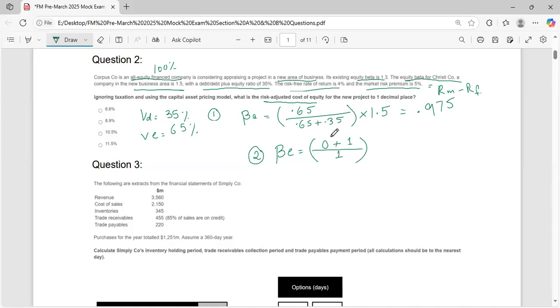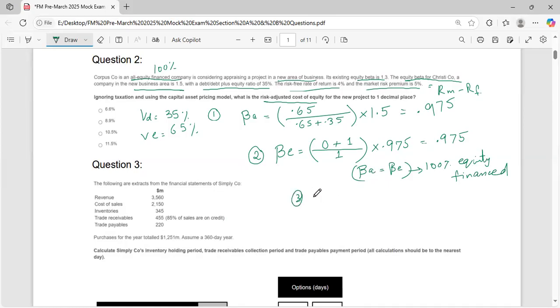Remember, proportion of debt into 1 minus tax plus proportion of equity, divided by proportion of equity, and multiplied by beta asset which we determined. So here we have 1 divided by 1. So the answer will be 1 and beta equity is 0.975. One more thing you are going to learn is that beta asset is equal to beta equity if a company is 100% equity finance. If a company is 100% equity finance, then beta asset is equal to beta equity.